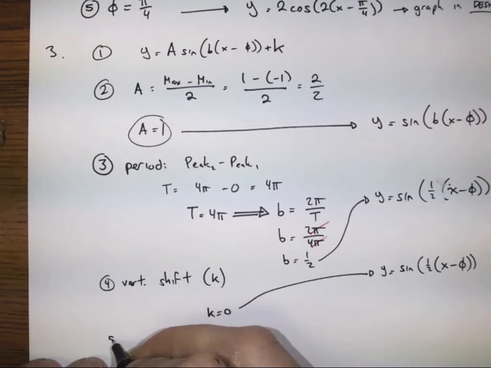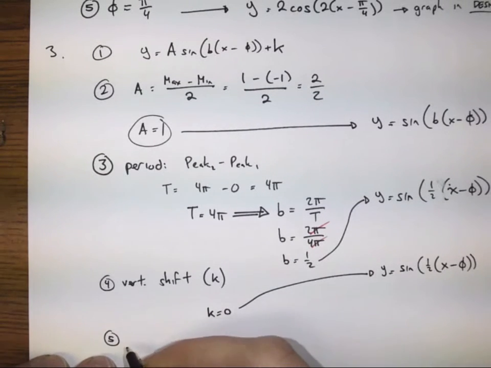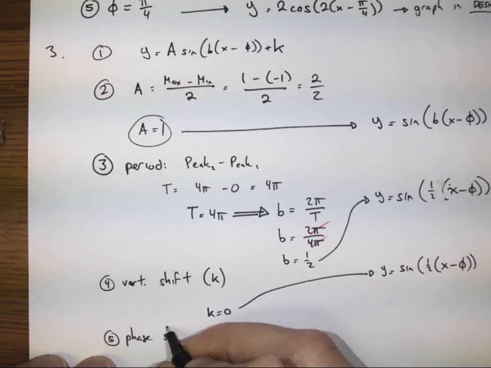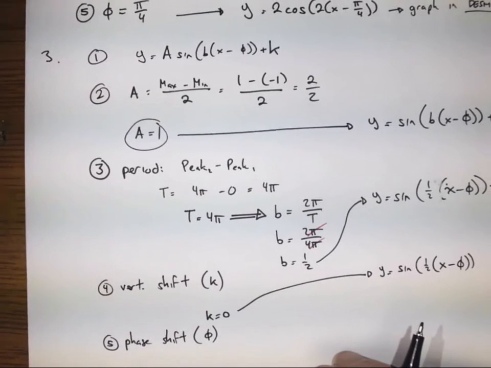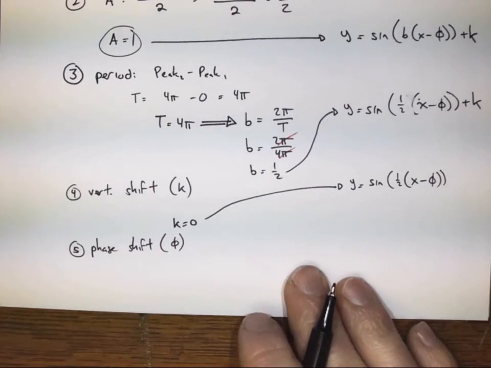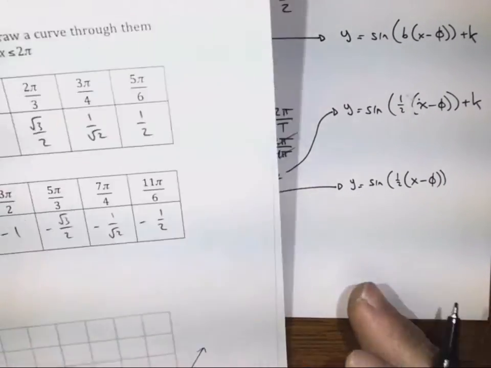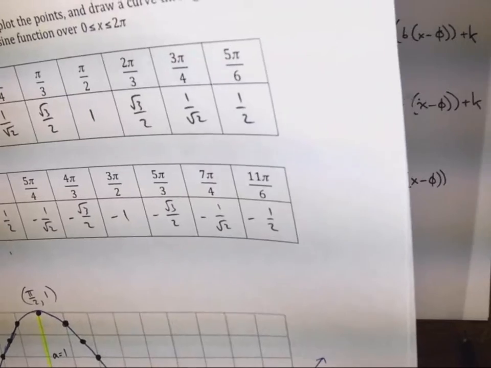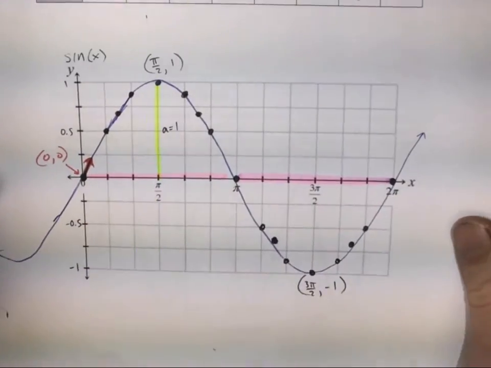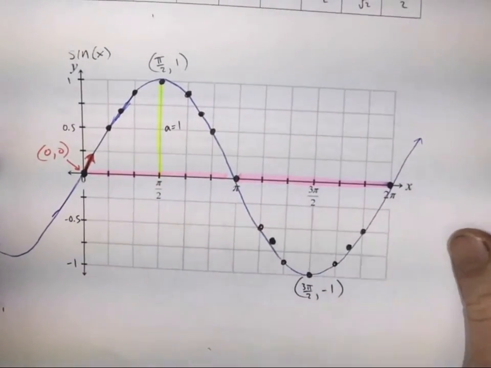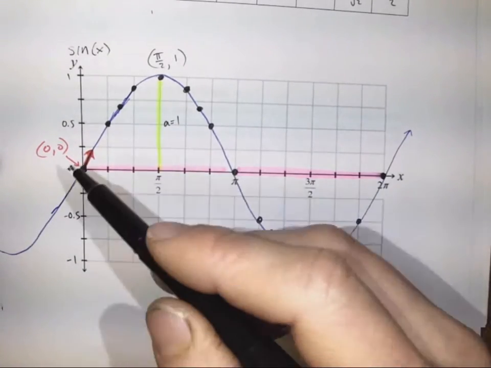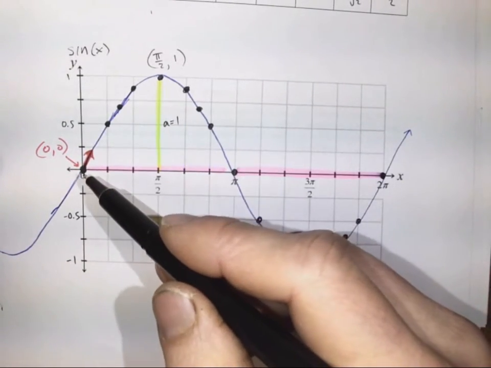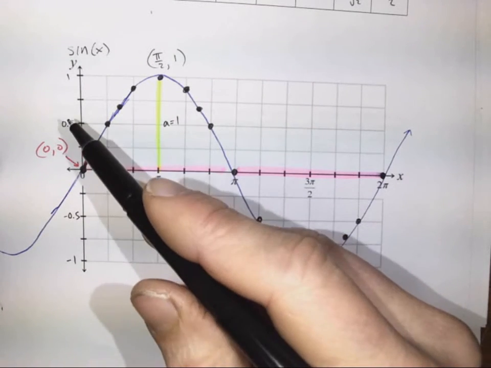The last thing is our phase shift, phi. So I might look at a regular sine curve and ask, where does it start? It begins kind of in the middle of a trough and a peak, halfway, and it's rising upward when it hits the y-axis.